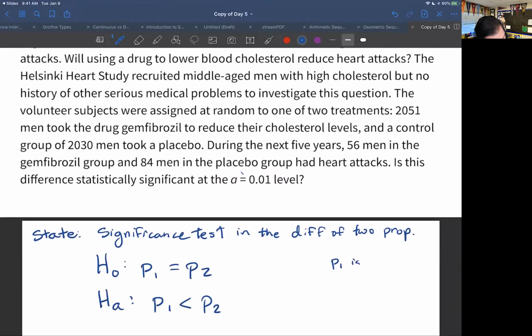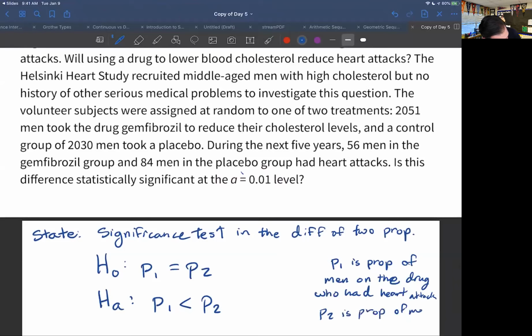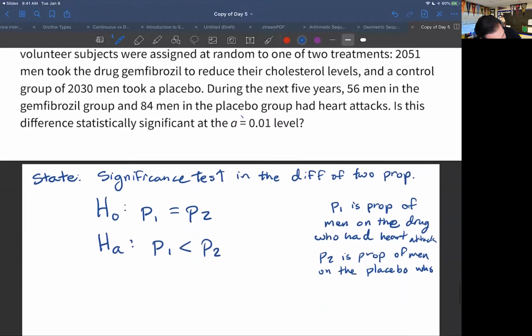P1 is the proportion of men on the drug who had a heart attack, and P2 is the proportion of men on the placebo who had a heart attack.